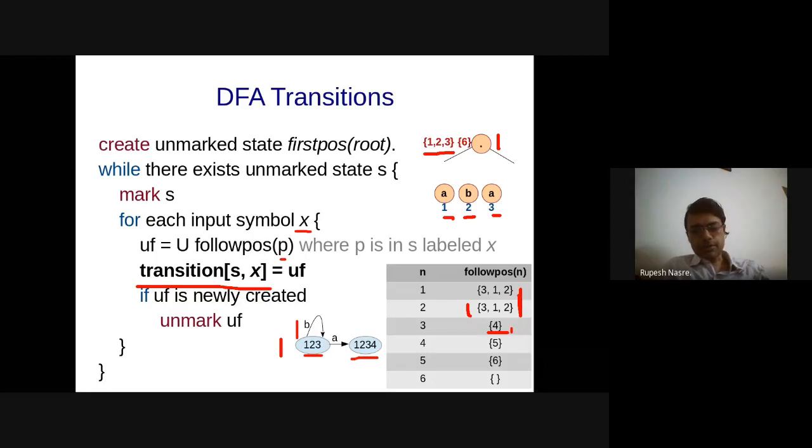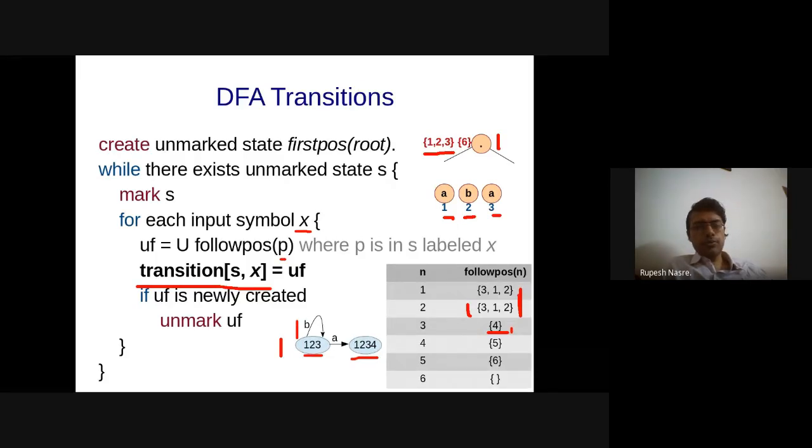On A, what happens? Self loop, it stays there on A.